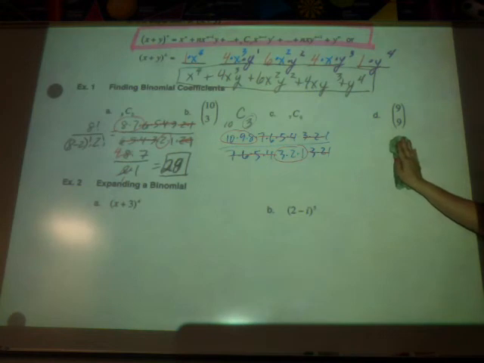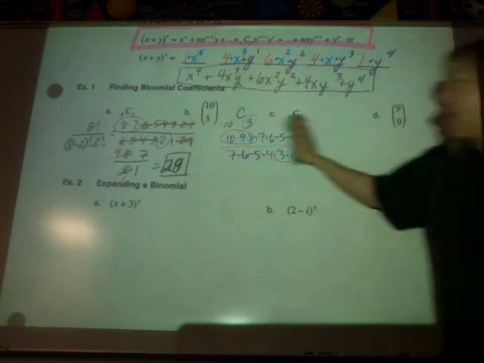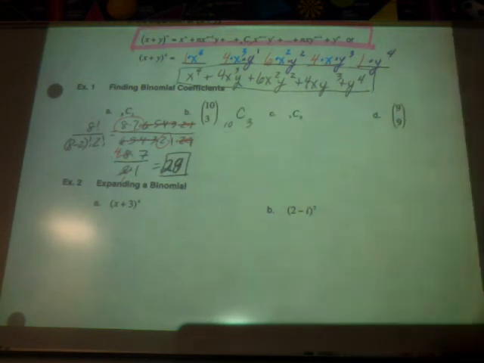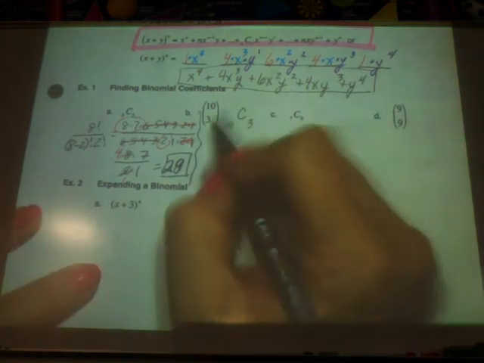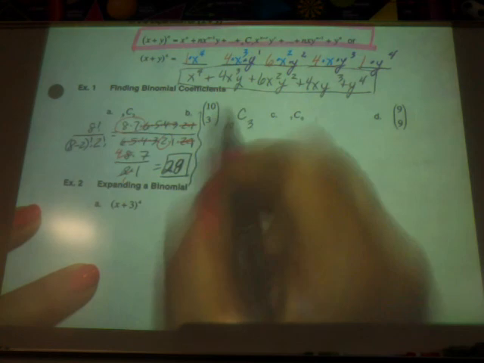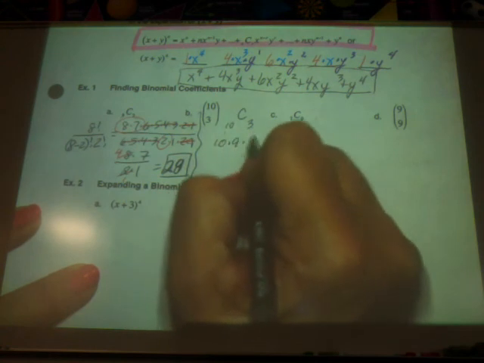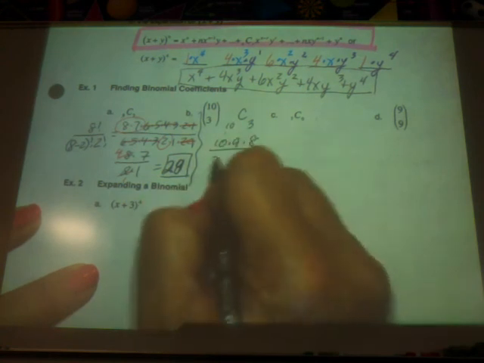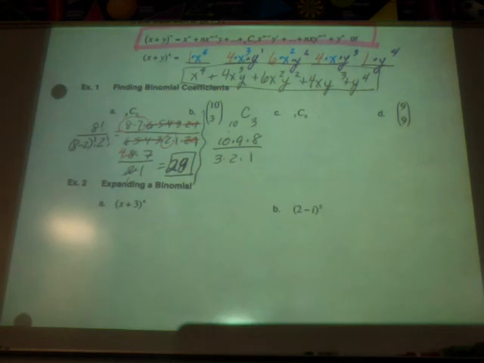Some of you are writing madly. Can I erase it? Okay. All right, so instead, I would prefer the shortcut of 3 of these 10. So 10, 9, 8 over 3 factorial, 3, 2, 1.